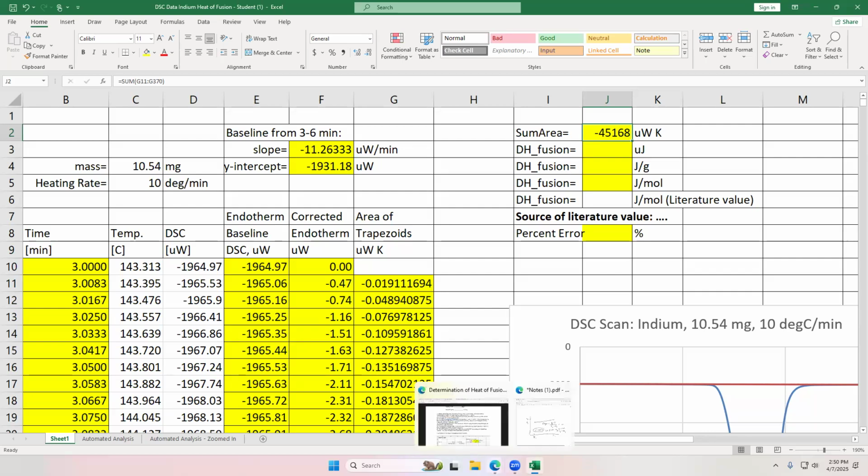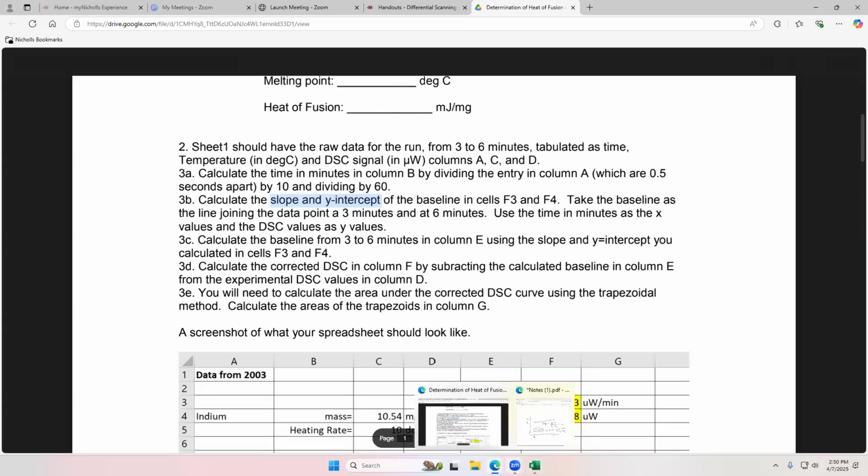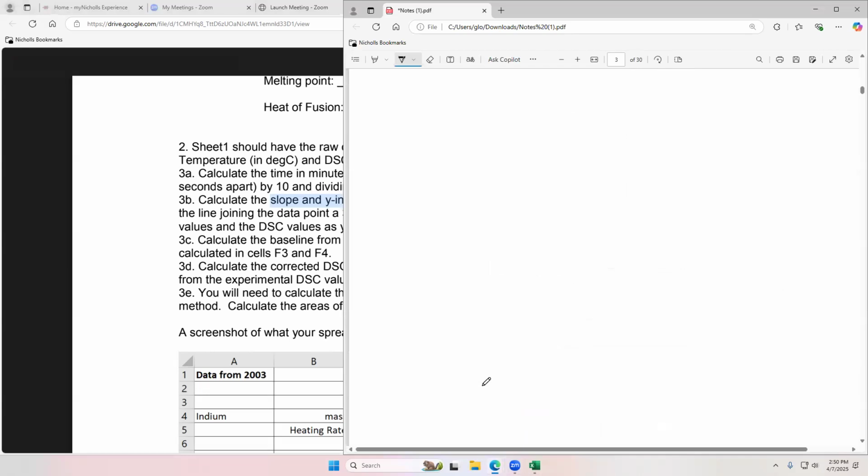Okay, let's convert our unit. What was our unit? Microwatts times Kelvin. Micro is 10 to the negative 6 joules per second, times Kelvin.